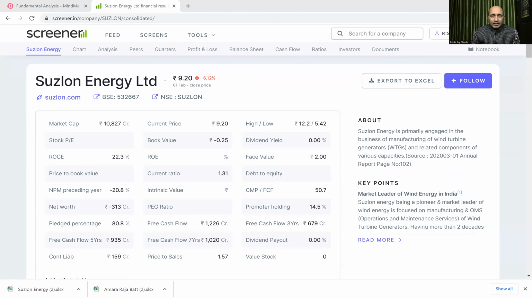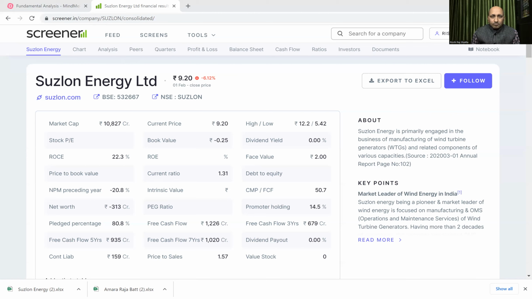So it is not consistent. Overall, if we take the 5-year average, we can see it is negative only. It is not good. Receivables are consistent, we can say. Inventory growth is also not consistent: positive, negative, positive. So it is not good.